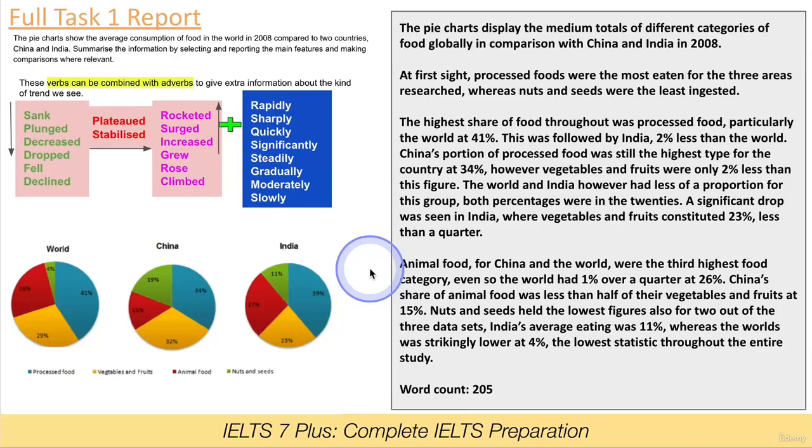So that is the way that I structure every task 1, and hopefully you've been following along at home and that's all making sense how we approach this one. That was quite a nice one, I think, quite a straightforward one. You can see that even if there's 3 pie charts, which might seem a little bit intimidating or overwhelming, nevertheless, you can still group them together, and it's actually not so convoluted, that one.